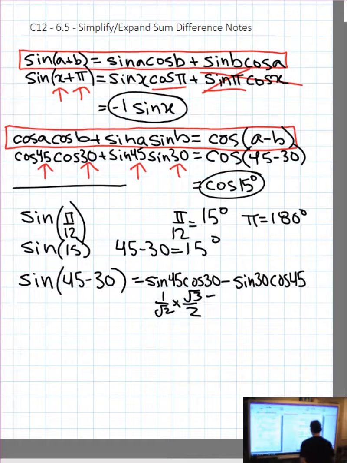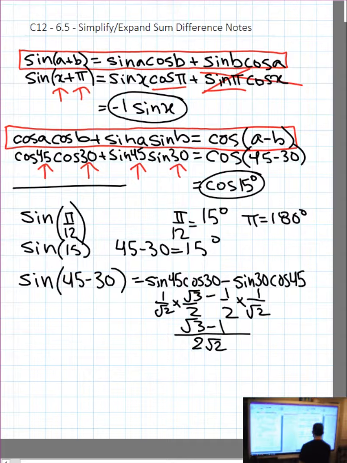Minus sine of 30, well, opposite of 30 is the 1 over the hypotenuse, 1 over 2. And cos of 45 is the same as sine of 45, 1 over root 2. Then I can combine these things. I have a lowest common denominator of 2 root 2, work it out. And on the top, I have root 3 minus 1. Again, work it out. I'm going to circle that answer.